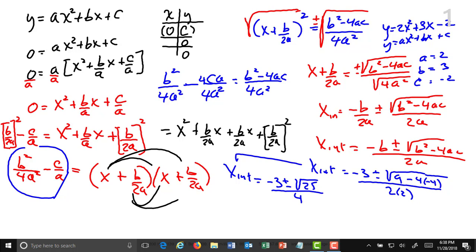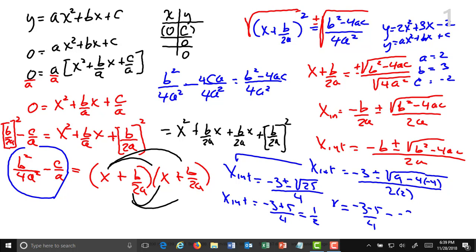Okay, so what do I have? I have two solutions. I have x equals minus 3 plus 5 over 4, yes? So guess what that's going to end up equaling? 1/2. You see that? Or I'm going to have the other solution, x equals minus 3 minus 5 over 4, right?